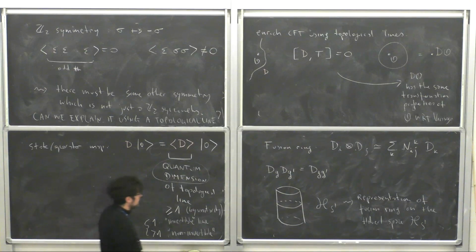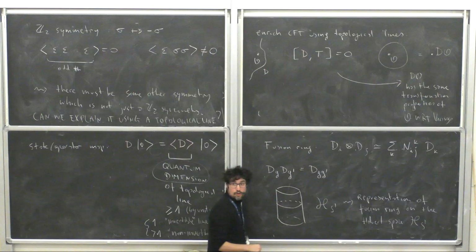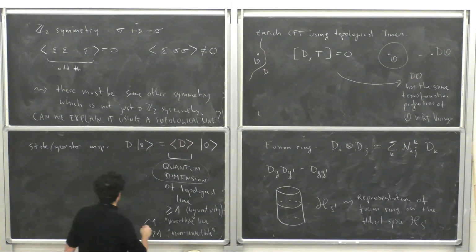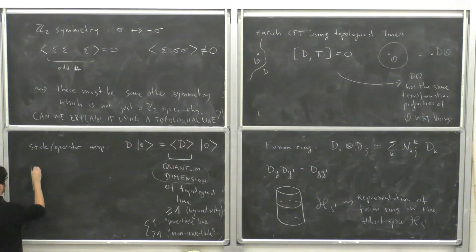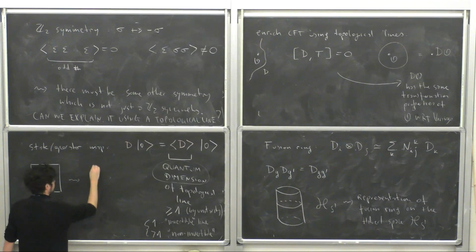Because of the fact that we can insert the topological defect lines, think about the operator-state correspondence. Operator-state correspondence says that you insert an operator here, you create a state in the cylinder.